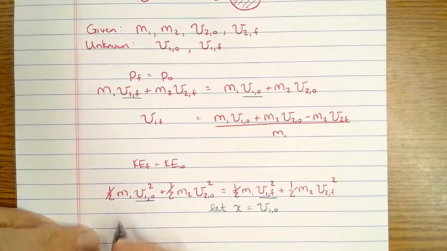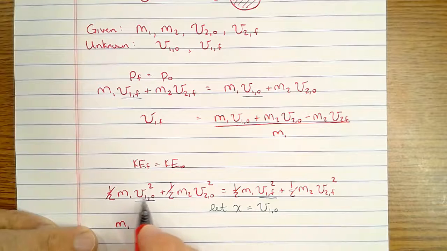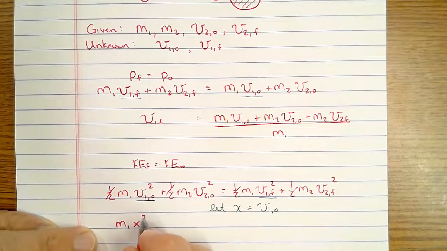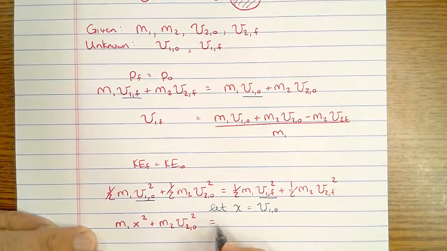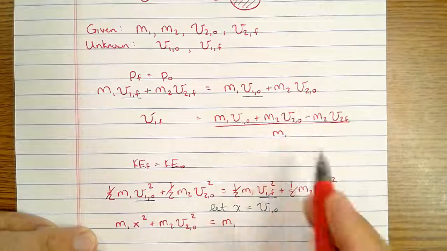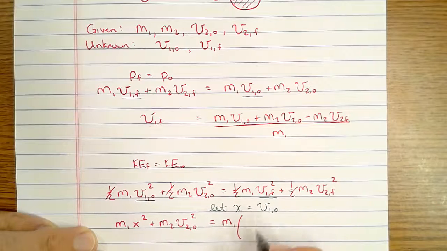So when I rewrite it, I'm going to get M1, and then V initial is x, so x squared, plus M2, velocity of object 2 initial squared. That's on the left-hand side. On the right-hand side, I'm going to get M1 times velocity 1 final. That's this expression right here, in parentheses.